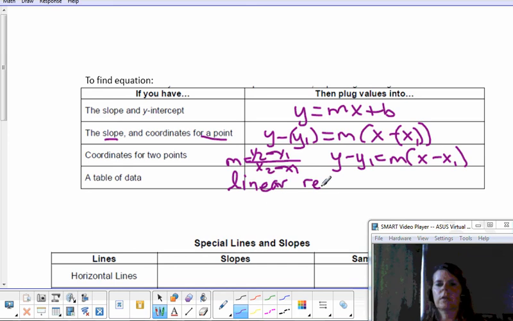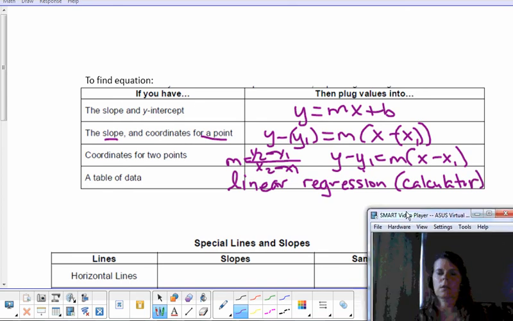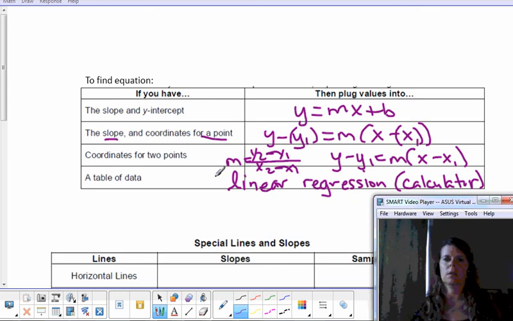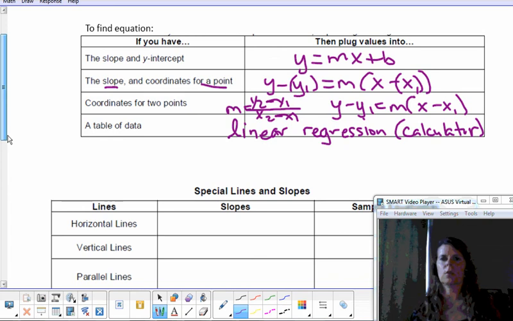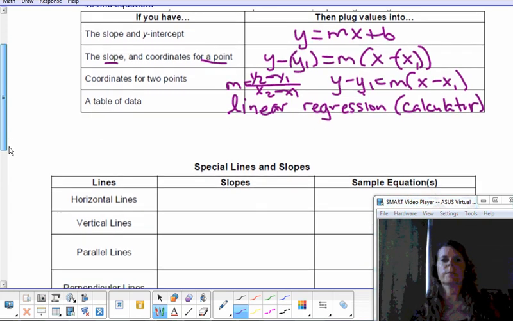And to do that, you'd have to use your lists and spreadsheets on your calculators. So those are all your different forms of the equation, what you would do.